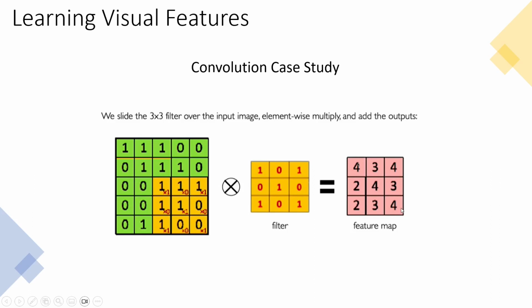So let's try to convolve this part of the image with the filter, just to understand in a better way. 1 times 1 is 1, 1 times 0 is 0, 1 times 1 is 1, that makes 2 up until now. 1 times 0 is 0, 1 times 1 is 1, that makes 3 up until now. 0 times 0 is 0, 1 times 1 is 1, that makes 4 up until now. 0 times 1 is 0, 0 times 1 is 0.